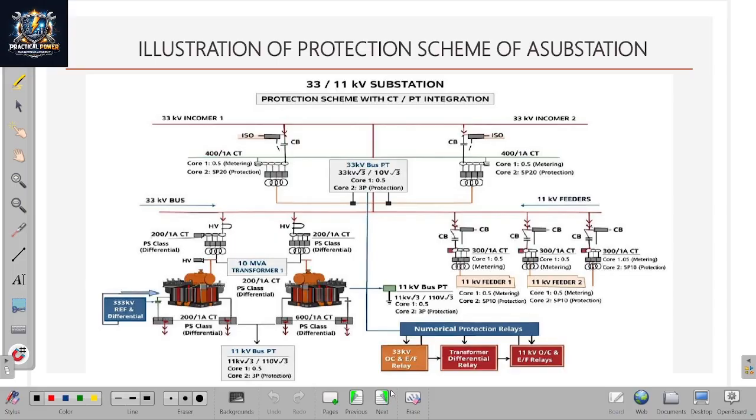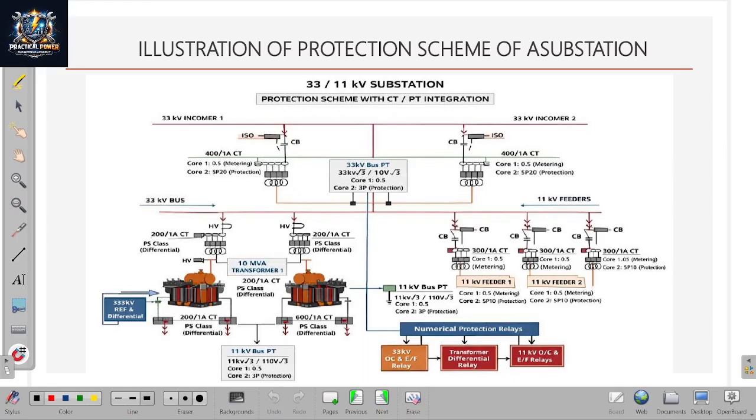Here is an illustration of a protective scheme of a 33/11 kV substation. You see here the isolator and circuit breaker. Core 1.5 is for metering, 5P20 is for protection, CT and PT.